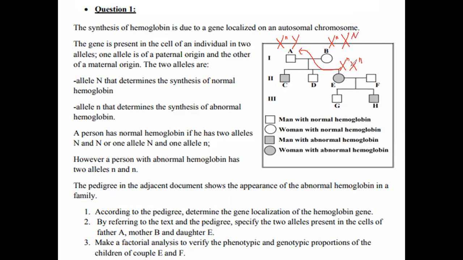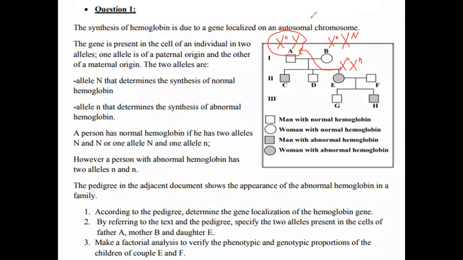But if this is the case, this individual A will be affected since it has X small Y, and the gene is located on the X chromosome. So it's not the case.